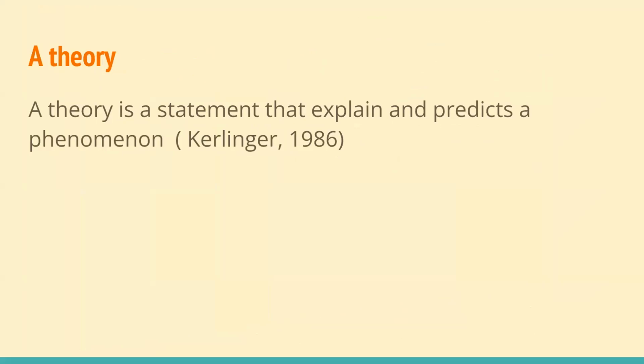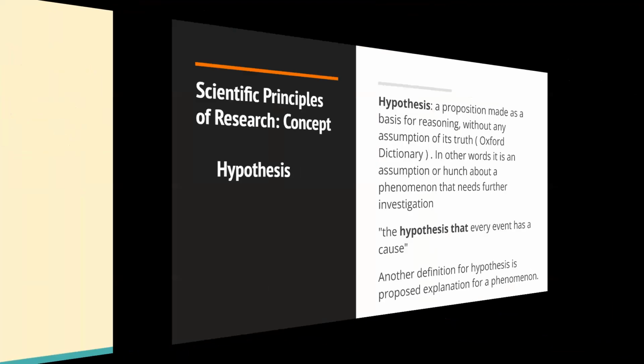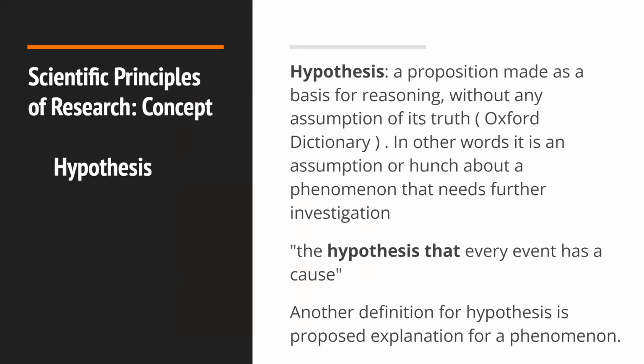Now, what is a theory? According to Curlington 1986, a theory is a statement that explains and predicts a phenomenon. Now, the scientific principles of research, and I'm going to look at hypothesis because we have mentioned that previously. A hypothesis is a proposition made as a basis for reasoning without any assumption of its truth.